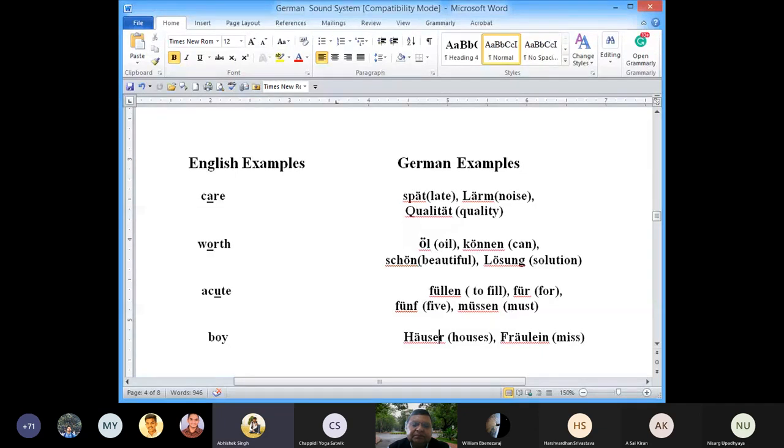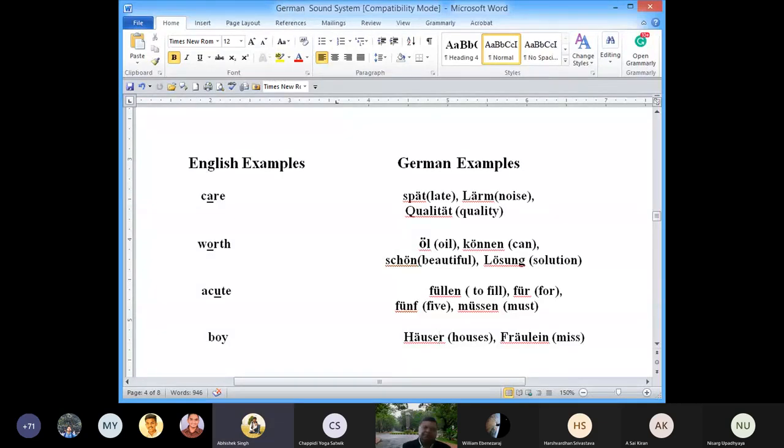After that, Öl. Können. Schön, not shown. You pronounce sh and then slightly E and then N. Schön. Lösung. Fühlen.